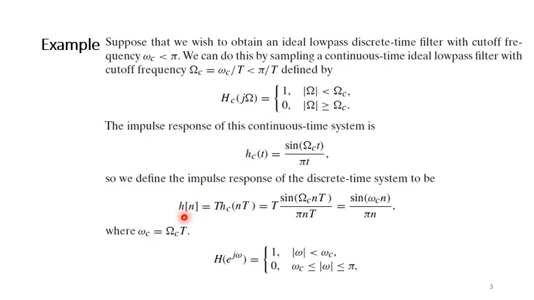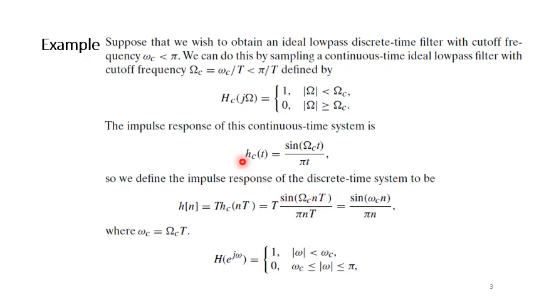The impulse responses of the discrete time and continuous time systems are related by the impulse invariant equation, which says that h[n] equals T times hc(nT). This we did on the previous slide. By putting in the value, we can obtain the impulse response of the equivalent discrete time low pass filter, which is this one, simply omega c into T.